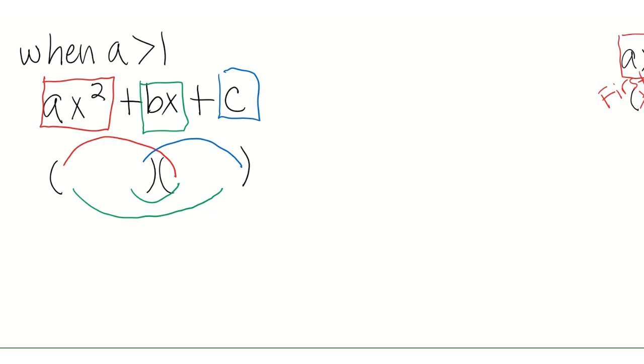Now it's a little more complicated because we've got this coefficient a in front of our x squared, so we can't just find the factors of c to figure out what's going to go on the second half of our binomials.